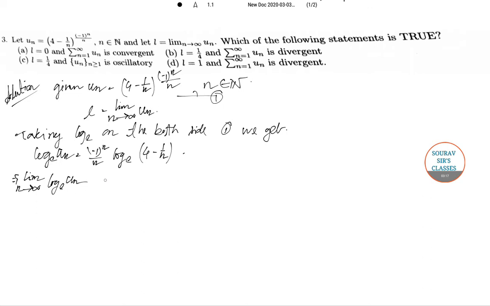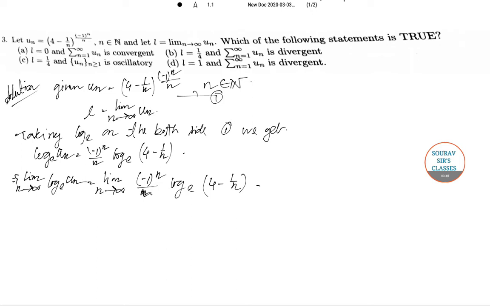Let limit n tends to infinity of log base e un equal limit n tends to infinity of (minus 1) to the power n by n times log base e (4 minus 1 by n).